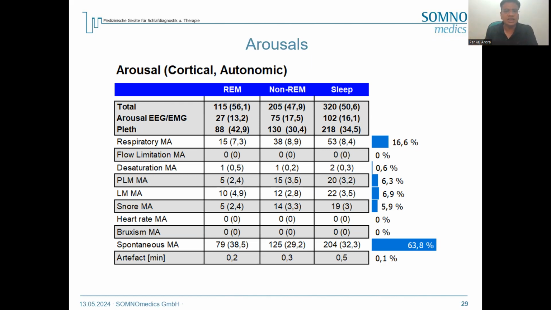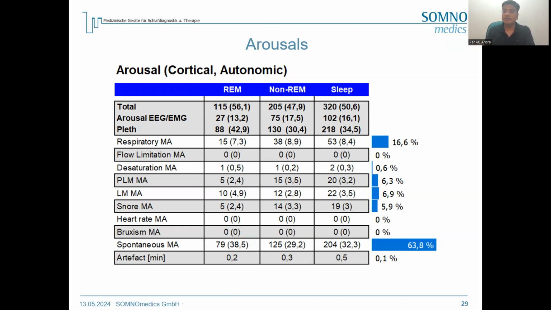It shows total arousals of 205 in non-REM and 115 in REM stage, a total of 320 arousals with an index of 50.6, which is actually alarming, because that is the reason he is not able to go into stage N3. He keeps getting micro arousals and then cannot go into N3 sleep.